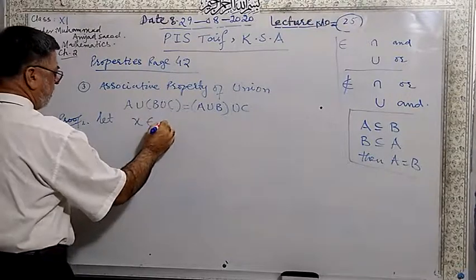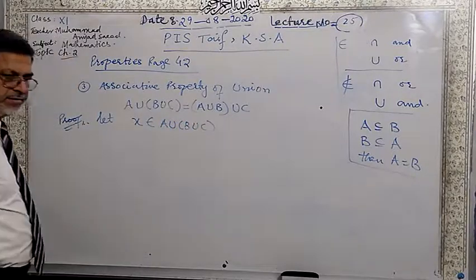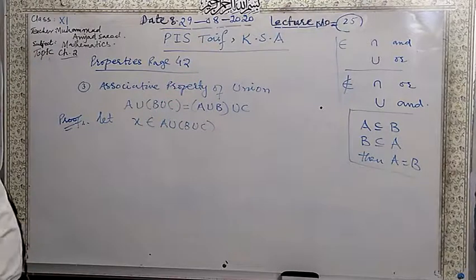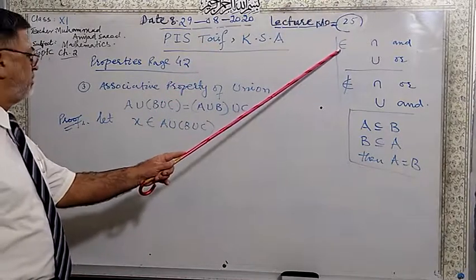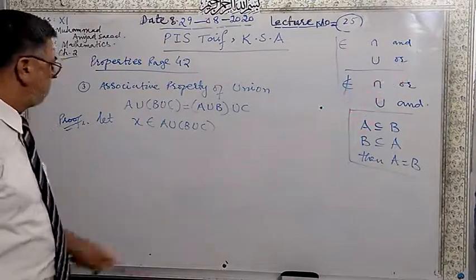Let X belongs to (A union B) union C. Remember that I have told you that for belongs to and union you apply or.